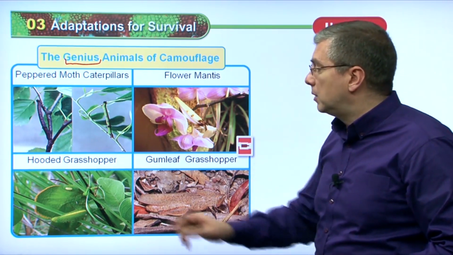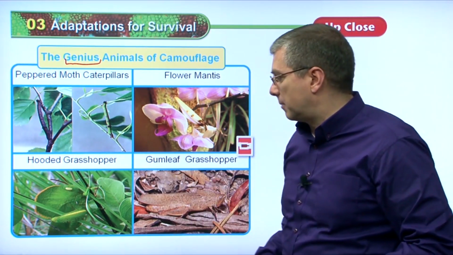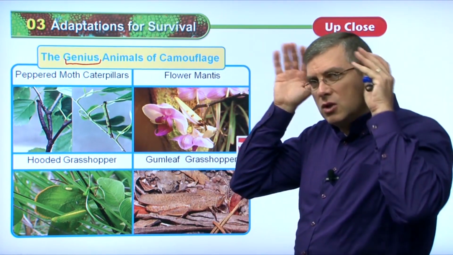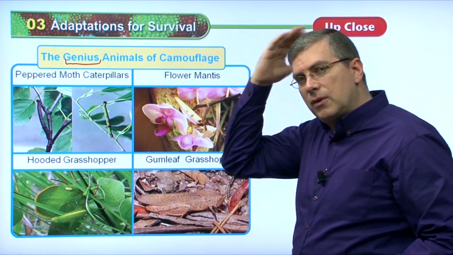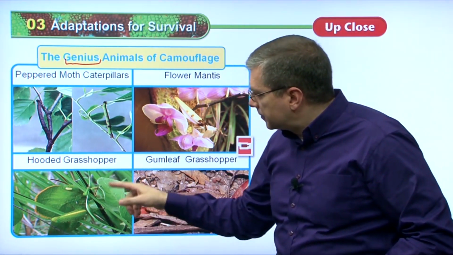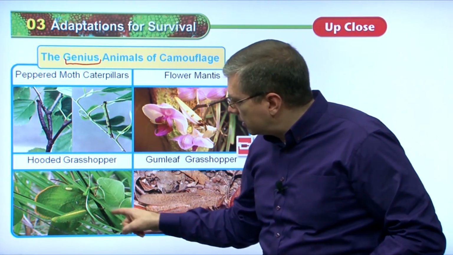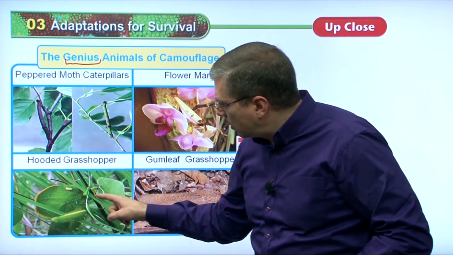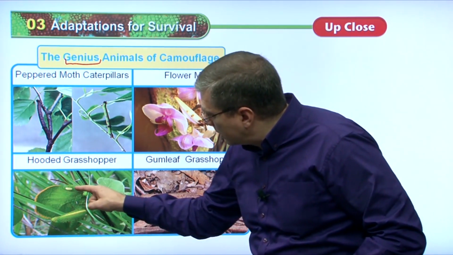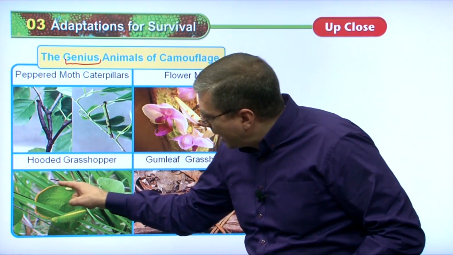We have one more example, and that is the hooded grasshopper. A hood, of course, is something that you put over your head, right, to protect you from the rain or cold. Can you see the hooded grasshopper here? We see leaves of the plant here. And oh, wait a minute, what is this? This looks like a leg. There's another leg here. Oh, and this looks like an eye, right? And look at that.